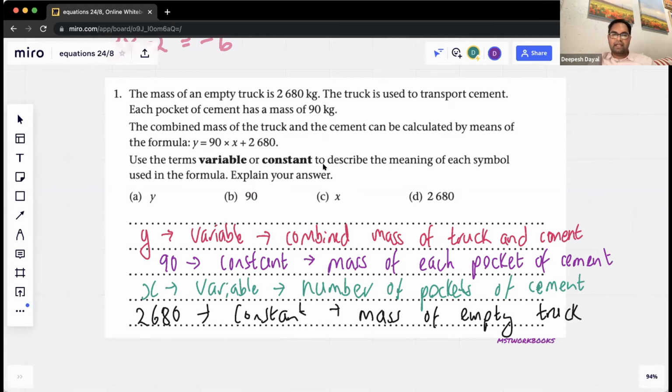Okay, Njabulo, are things okay with this question? Yes, sir. What about you, Baja? Yes, sir. Okay, great. Let's try another one. Any questions regarding this one? No, sir. Okay, let's look at another one.